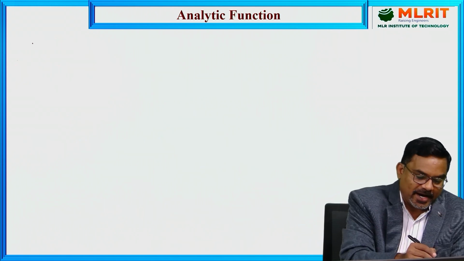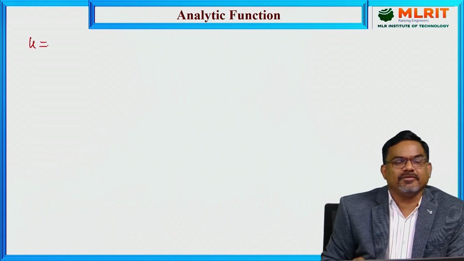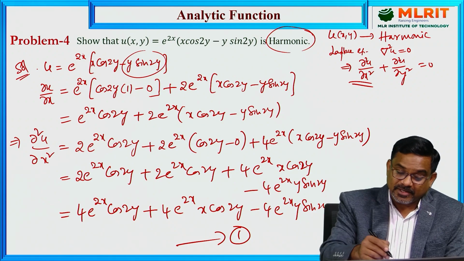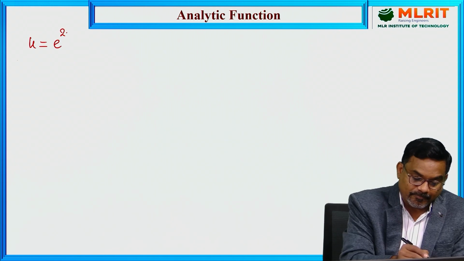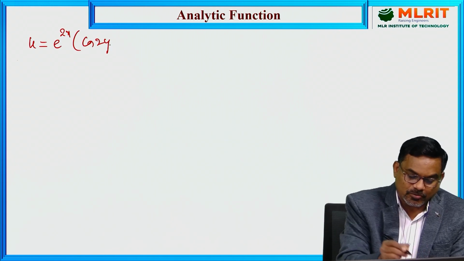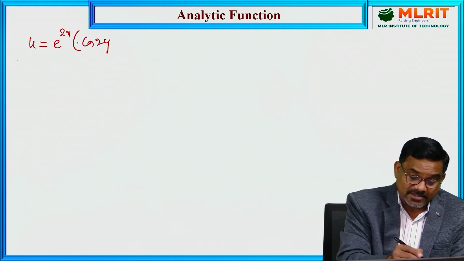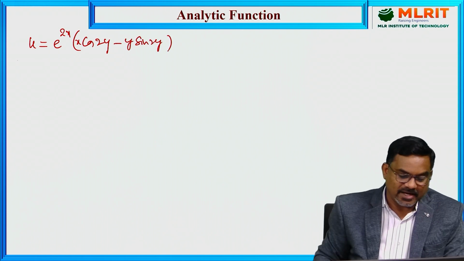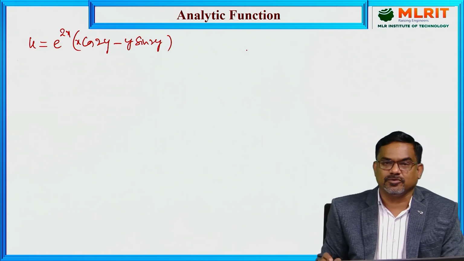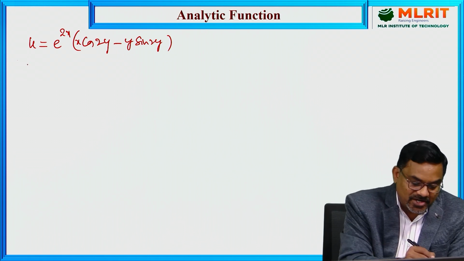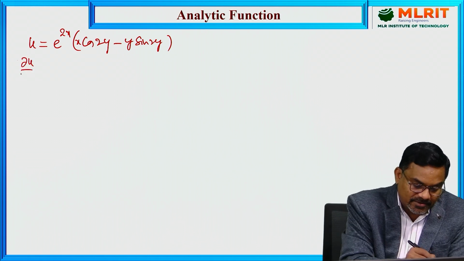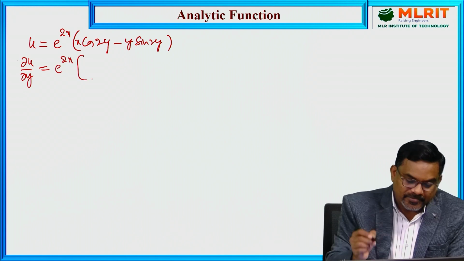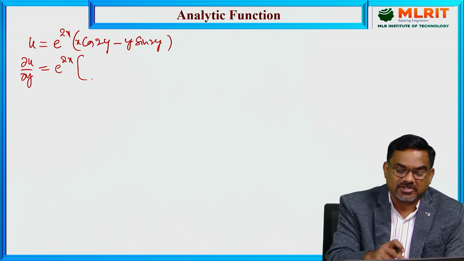Similarly, we need to find the second order partial derivative of u with respect to y. But first, what is given u? e power 2x into x cos 2y minus y sin 2y. Now let us differentiate this partially with respect to y. So e power 2x is constant. Now the derivative of this function with respect to y.